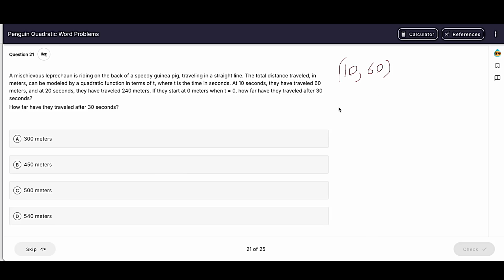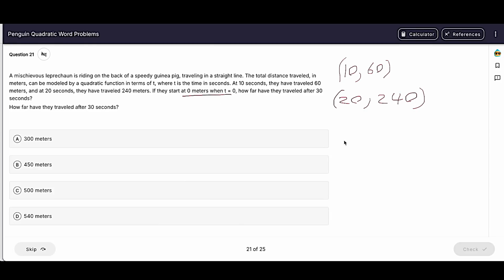And then the other point they gave us is 20 and 240. Now they do give us one more piece of information here. They say if they start at 0 meters when t equals 0, boom. So they are actually giving us the y-intercept, 0.